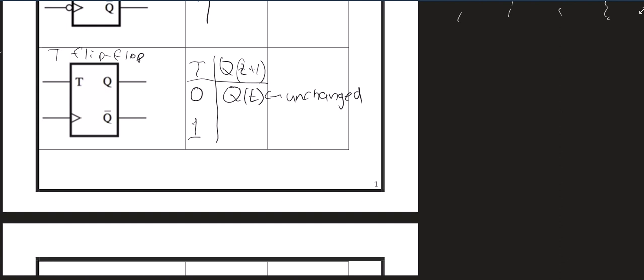And if the input is 1, then the output is Q bar of T, which is a toggle, or it's the opposite of what it was before.